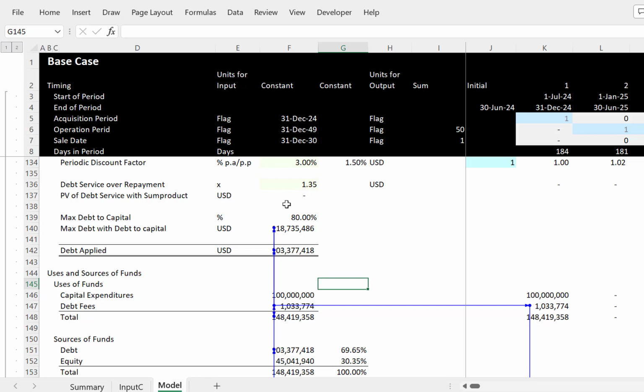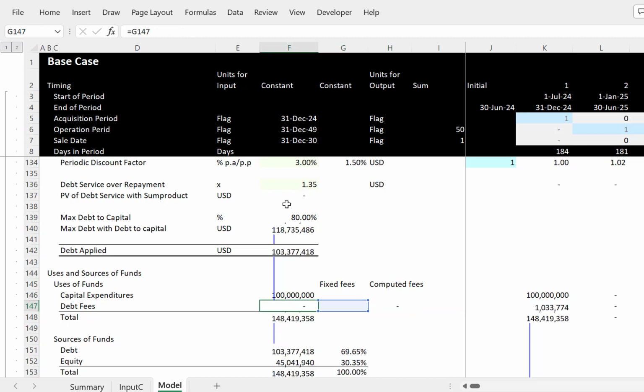So up here we'll put fixed and computed, and how about fixed fees, computed fees. Who cares if it went a little too long? And the computed fees are this one, and we'll make this equal to the fixed fees.